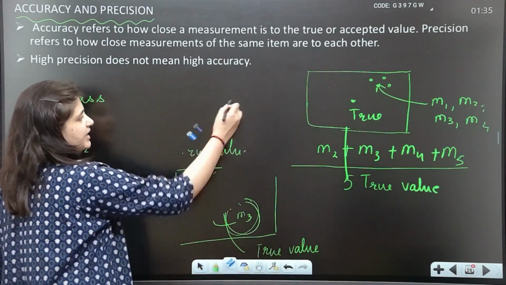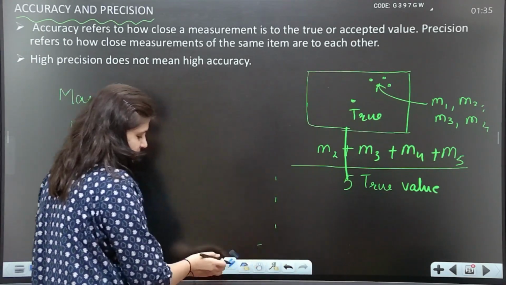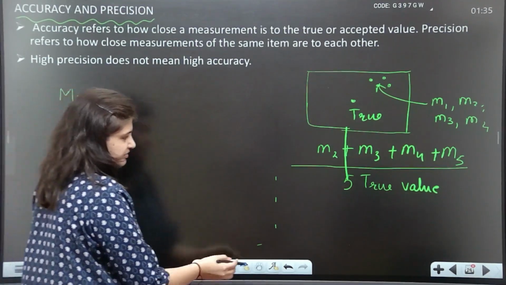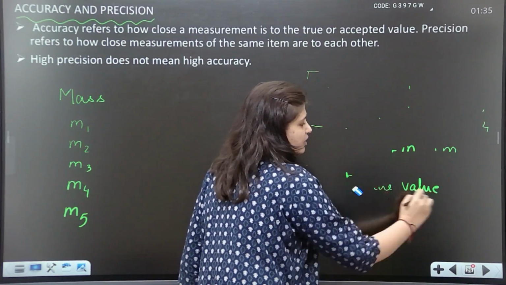There can be a case of low accuracy and high precision, as well as vice versa, high accuracy and low precision.